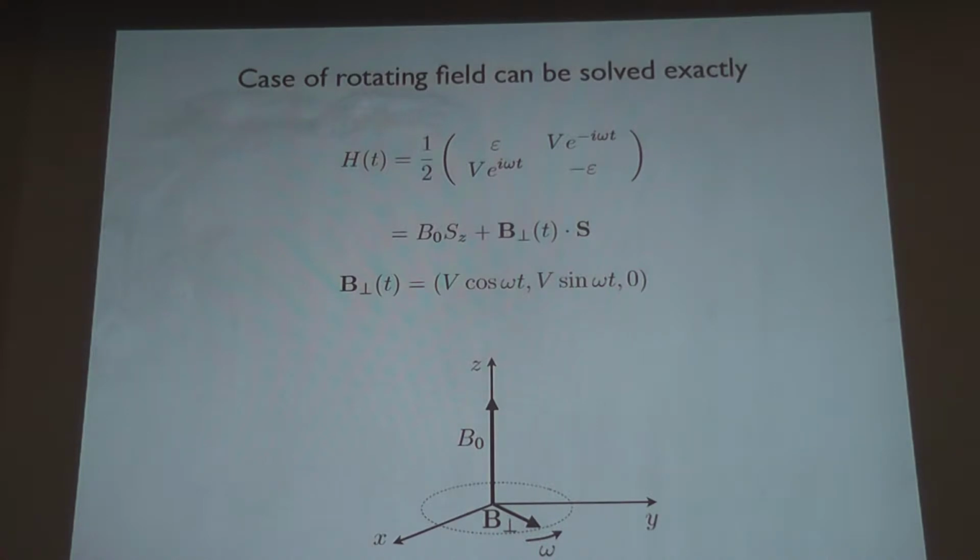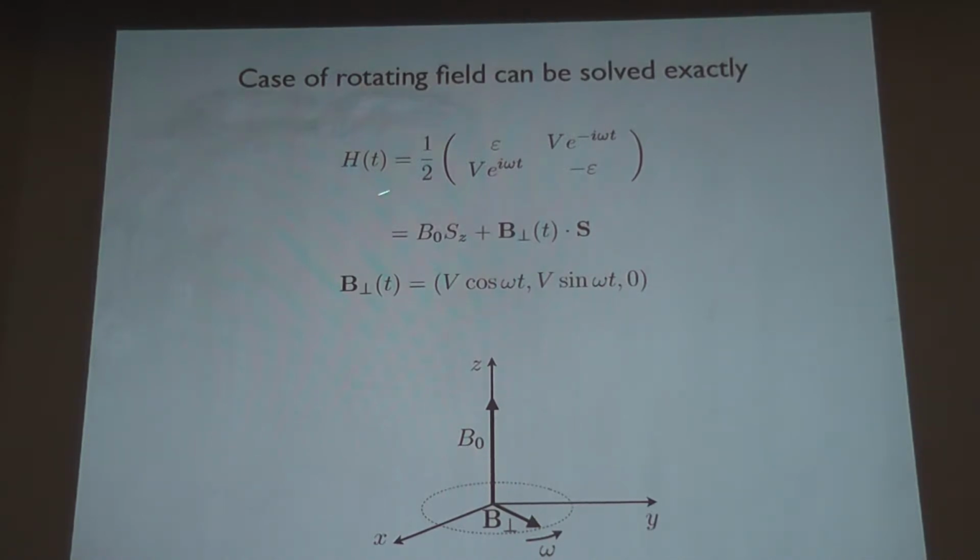Okay, so there's one other case, maybe exactly one, maybe there's one or two others, but one other case that I'll talk about now, which can be solved exactly, and that's the case of a rotating field. Okay, so now this is the first case of a periodic driving that I'll mention.